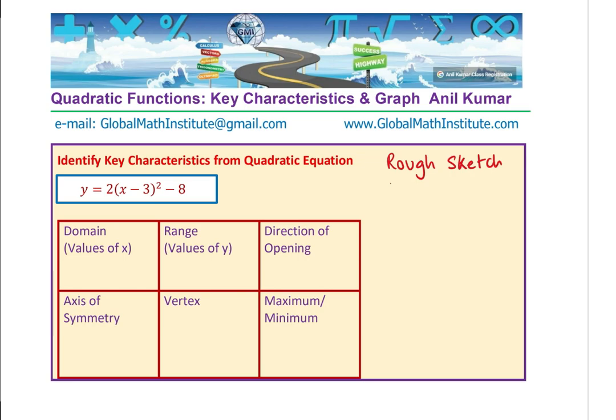I'm telling you the practical way of approaching any problem when it especially relates to graphing type of thing. Make a rough sketch. So we know this is a parabola, and in parabola, since 2 is the leading coefficient, which is positive, the direction of opening is up, right? So we can just sketch one.